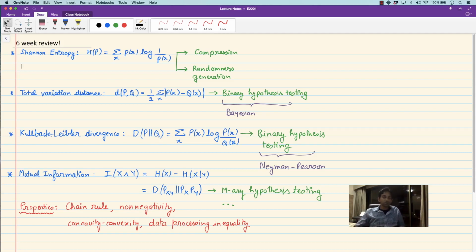Next, we saw this notion of Kullback-Leibler divergence, the third main character of this course. Once again, we saw it as an answer to a binary hypothesis testing problem. In particular, something called the Neyman-Pearson formulation, which we defined. And we showed that the probability of error of type 2 can go to 0 exponentially in the number of independent samples that you have, provided you have an upper bound on the probability of error of type 1.